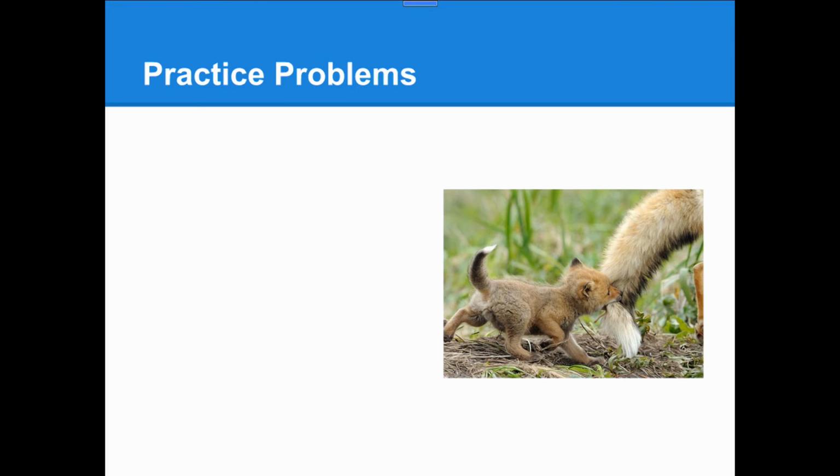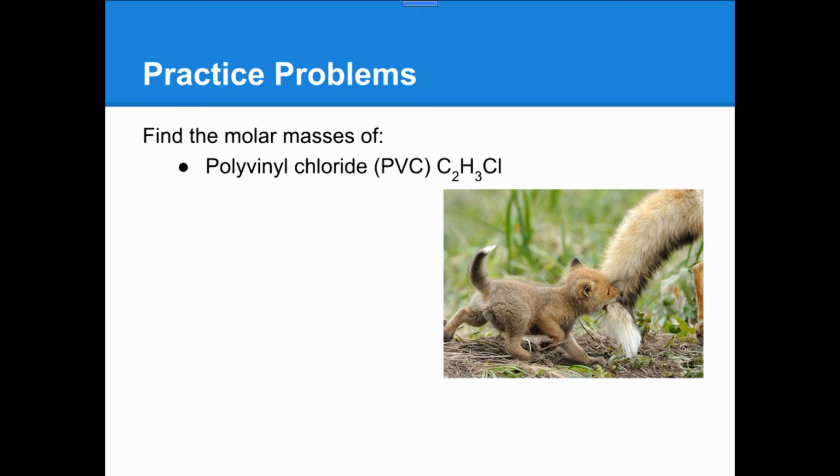Now I would like for you and your table partners, and if your table partner is missing today, feel free to join a neighboring group, to find the molar masses of polyvinyl chloride, which we call PVC if you ever go to a hardware store and get that white plastic looking pipe, and we usually call it PVC pipe, which is just short for polyvinyl chloride, which is C2H3Cl.